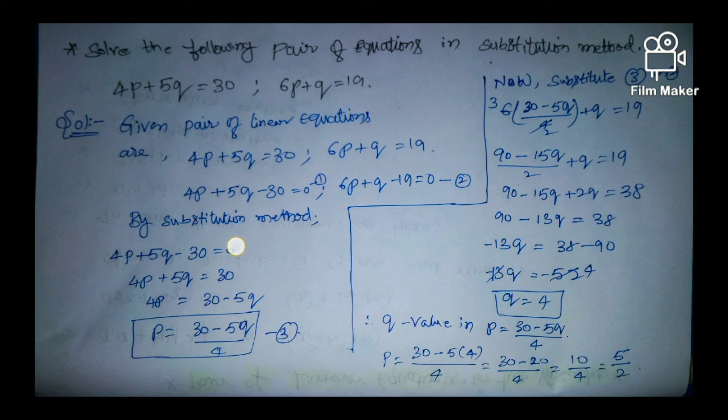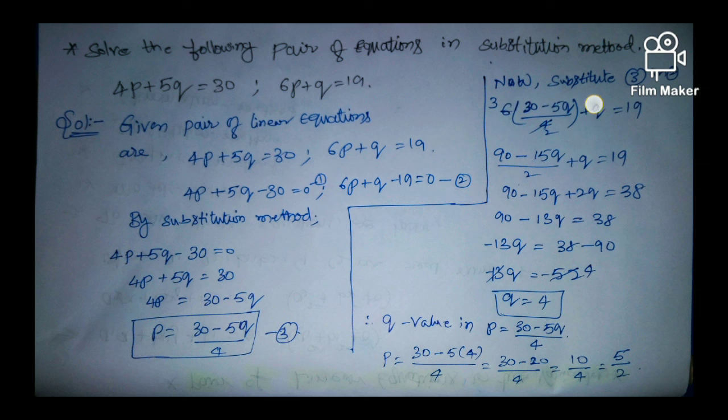By the substitution method, you can write the first equation as 4p + 5q - 30 = 0, with 30 transposed. So 4p = 30 - 5q, therefore p = (30 - 5q)/4. Let us say this is equation number 3.